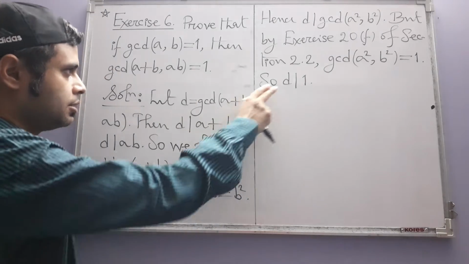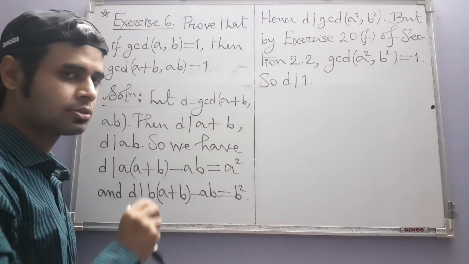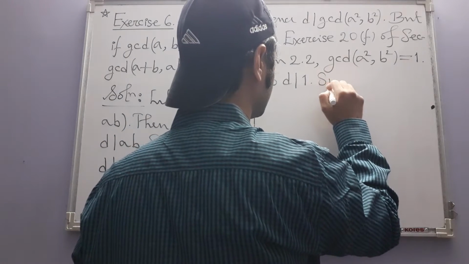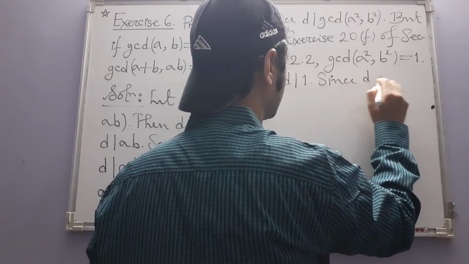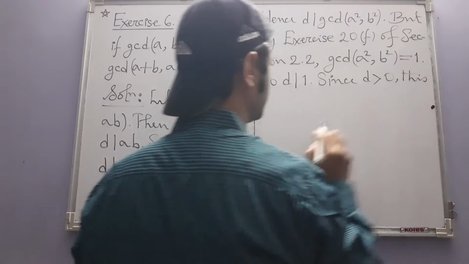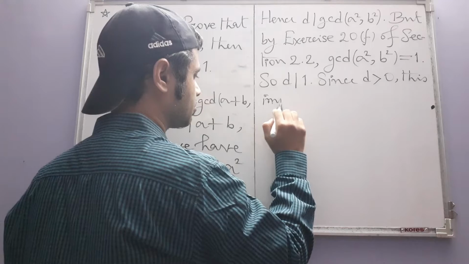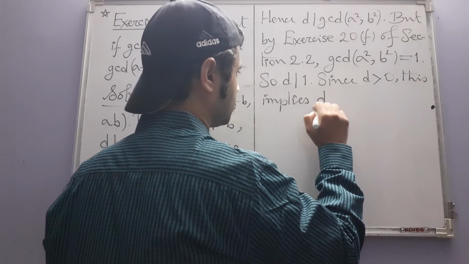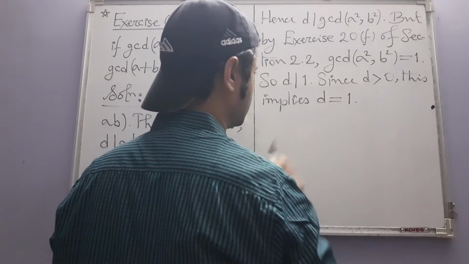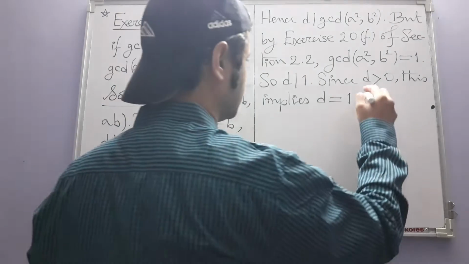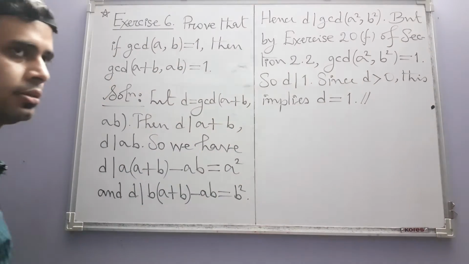But along with this, we have positivity also, so D has to be equal to 1. Since D is positive, this implies D is equal to 1, and that's what we wanted to show. So here the solution ends.